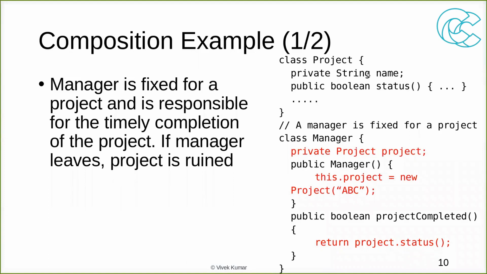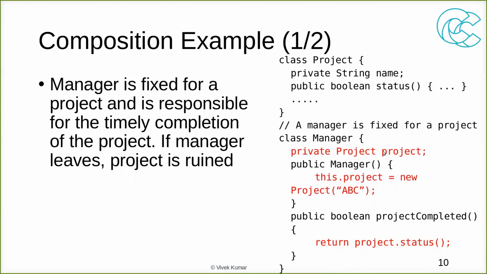So in this case, you want to say project is contained within manager. The way we do that: the first step is obvious, to make project an instance variable of manager, and the second step is to create or instantiate this instance within the class of manager. So in the constructor, you are creating a new instance of project.